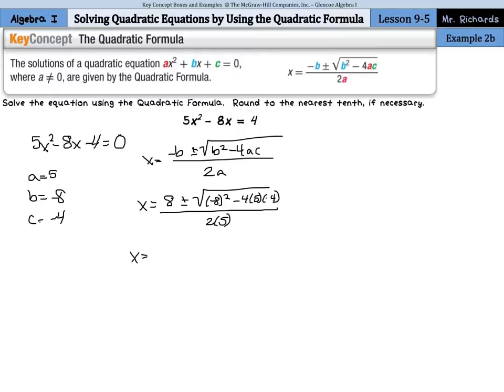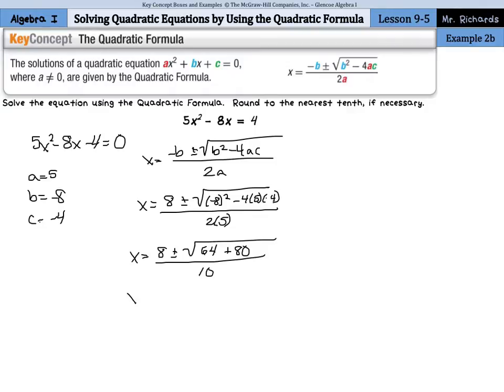And as we continue solving, x equals 8 plus or minus the square root of negative 8 squared is 64. And then 4 times 5 times 4, but including our two negatives there, is going to result in a positive 80. And that's going to be divided by 2 times 5, which is 10.